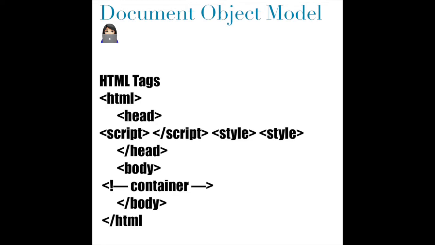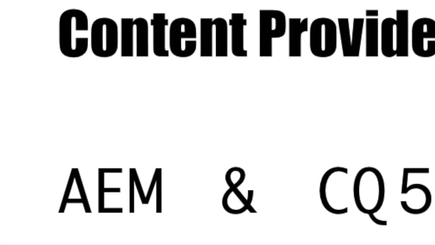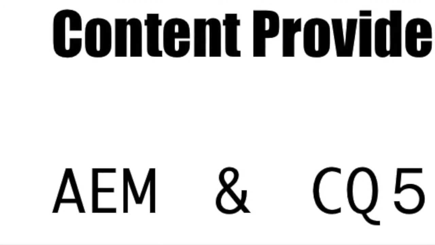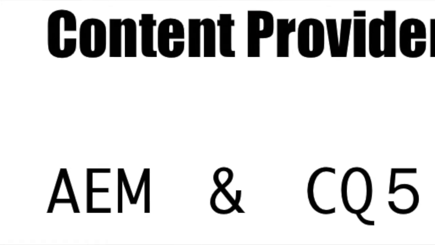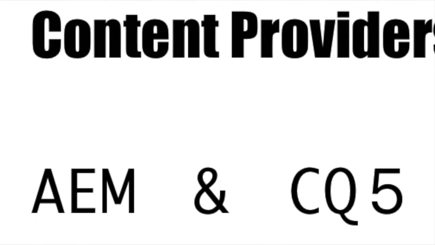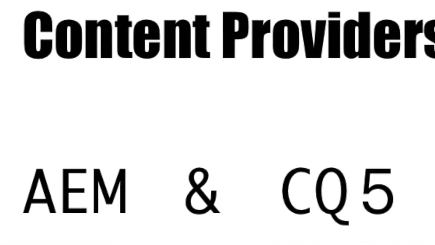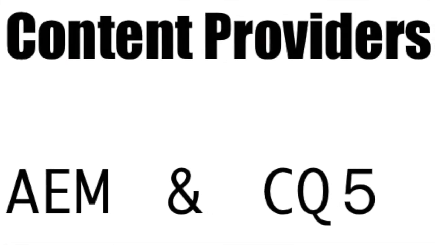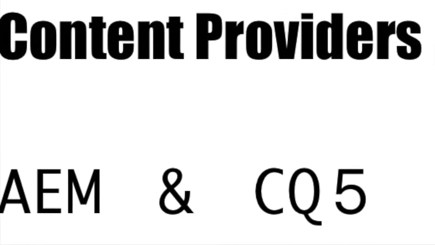So from where does that data come? Normally content comes from Adobe CQ5 or AEM. Those are highly efficient tools by Adobe. There are so many other things there. I'm not doing any brand promotion, but as I worked in that, that's what I'm mentioning.